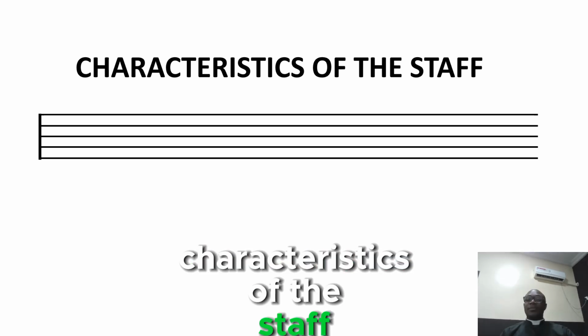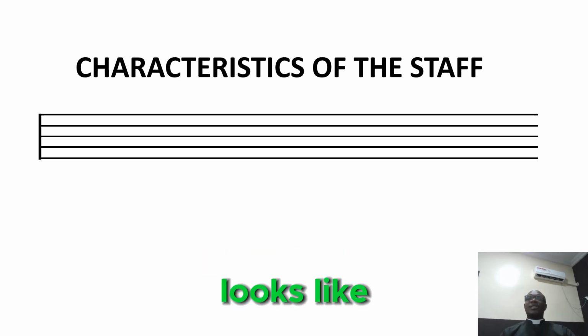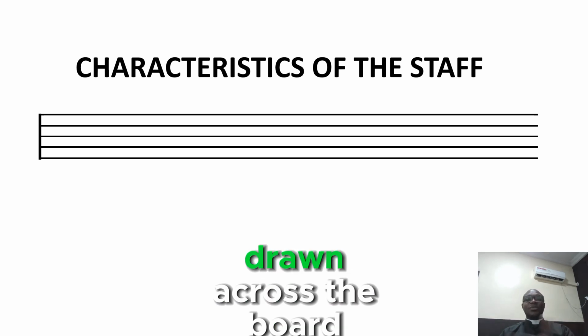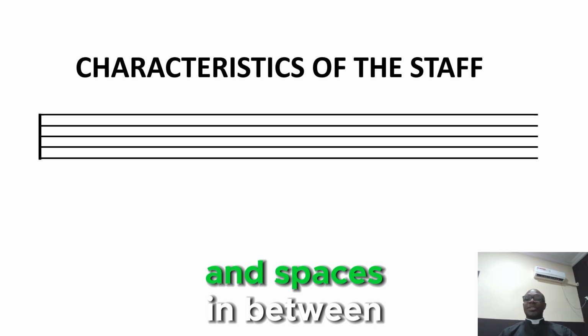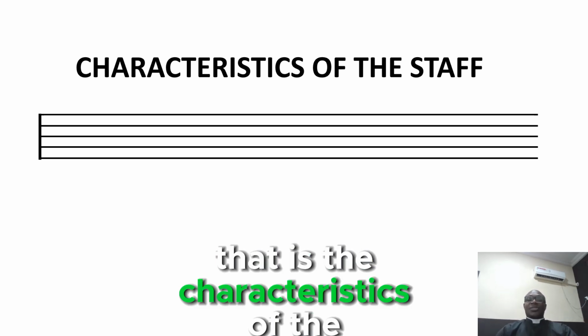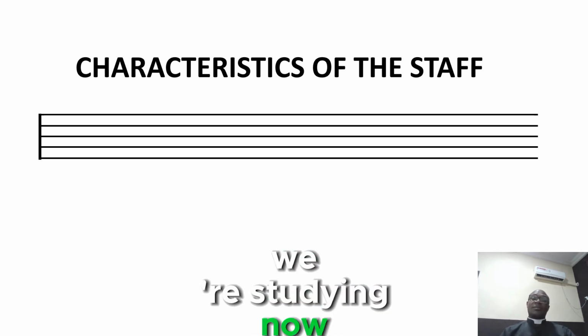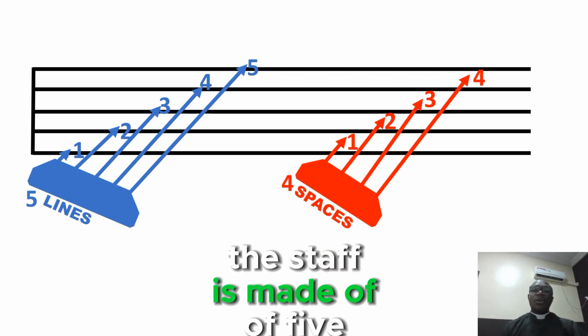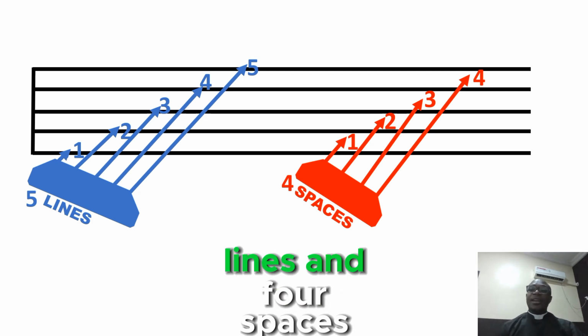Characteristics of the staff. This is what the staff looks like. You see lines drawn across the board and spaces in between. That is the characteristics of the staff we are studying now. The staff is made up of 5 lines and 4 spaces.